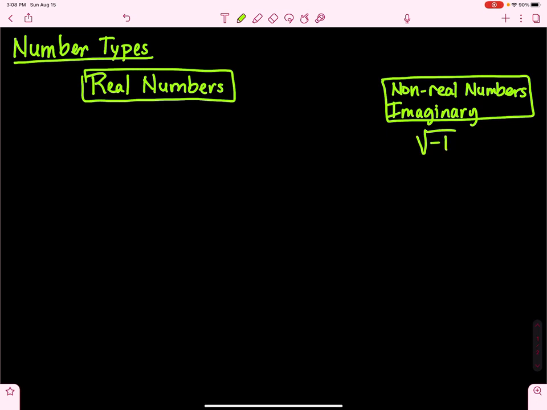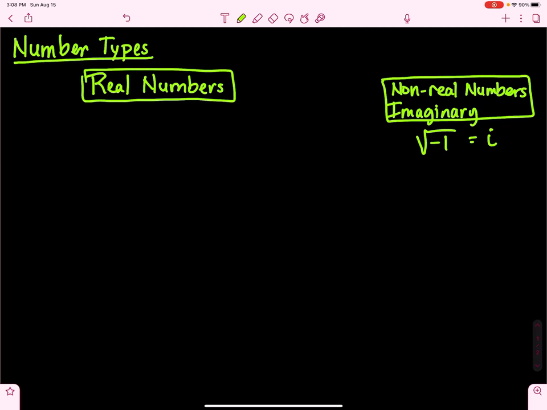For instance, the square root of -1 is equal to i, indicating that it is imaginary. You cannot graph the square root of a negative because it just exists outside of the physical coordinate plane. Imaginary, get it?